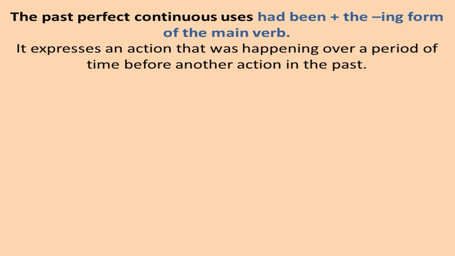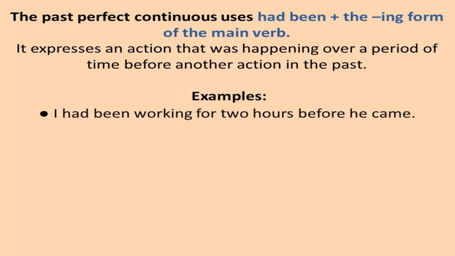I repeat, it expresses an action that was happening. It means it was continuous, in progress, over a period of time before another action in the past. Examples: I had been working for 2 hours before he came.